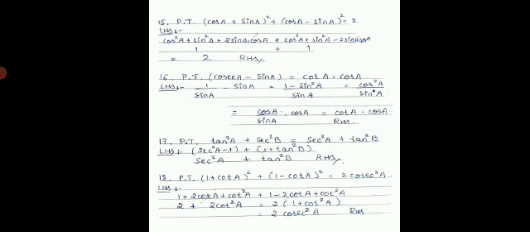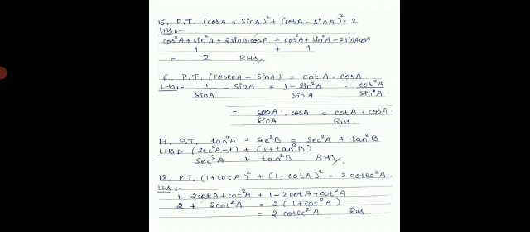Then the second bracket part is with a minus sign. So you get cos²A + sin²A − 2 sin A cos A. Here students, plus 2 sin A cos A will get cancelled with minus 2 sin A cos A.